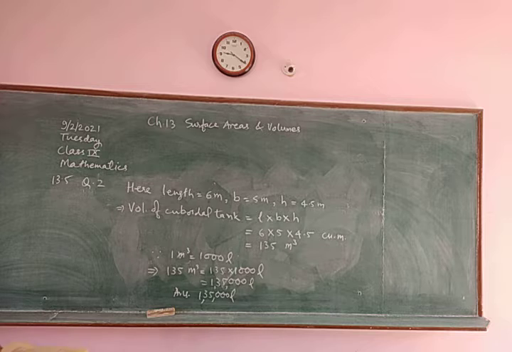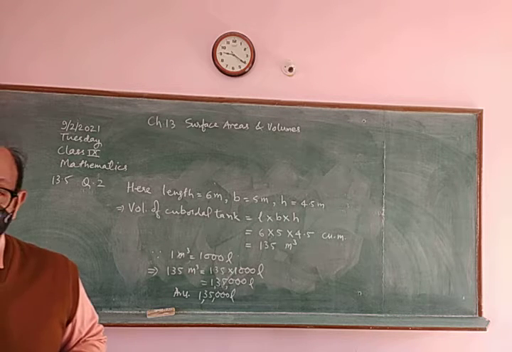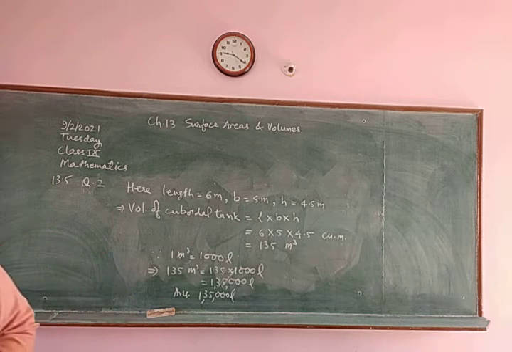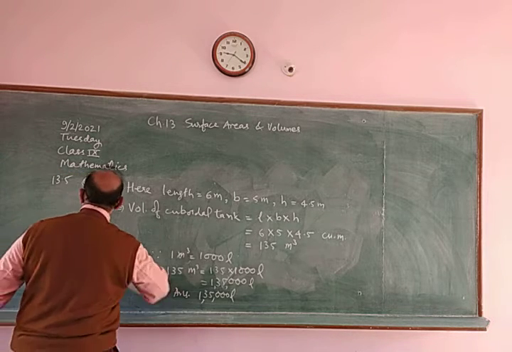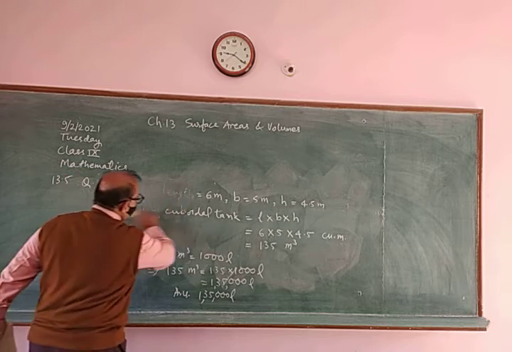It means the volume of the vessel is given. Length and breadth are also given. We have to find the height. Okay, question number 3.